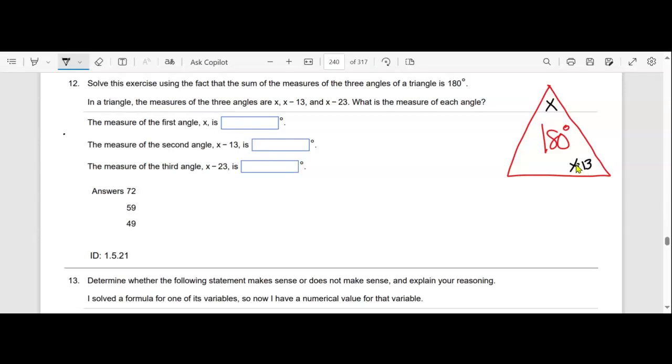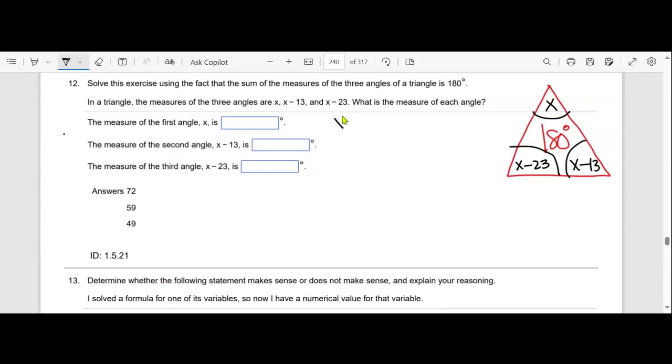What is the measure of each angle? So we have a triangle, and the triangle has how many angles? Three angles, correct? Yes. So one angle is x, another angle is x minus 13, and the third angle is x minus 23.